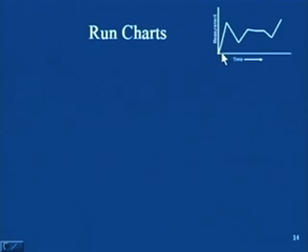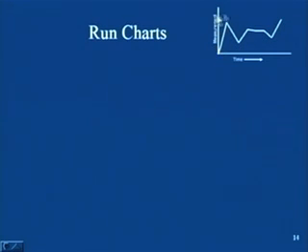Anytime we get the data, we note down the time and the measurement value. Like that we keep on noting the time and the measurement value at that time, and we join the data with a straight line, and the run chart is ready to use.